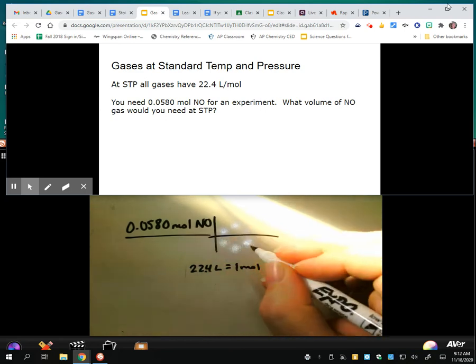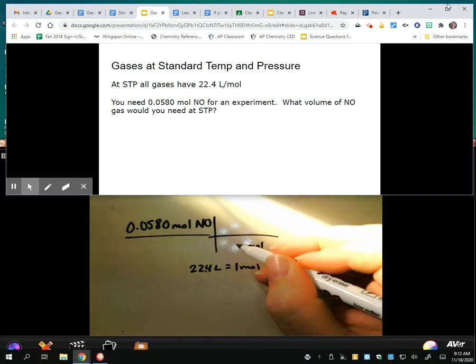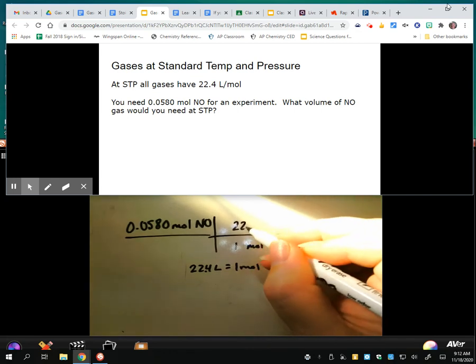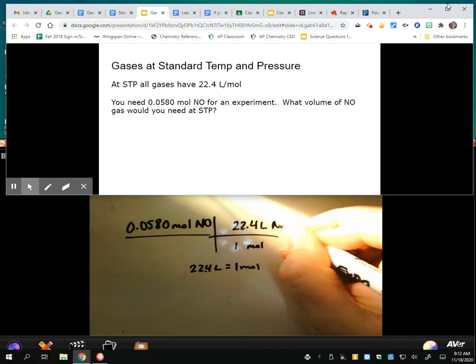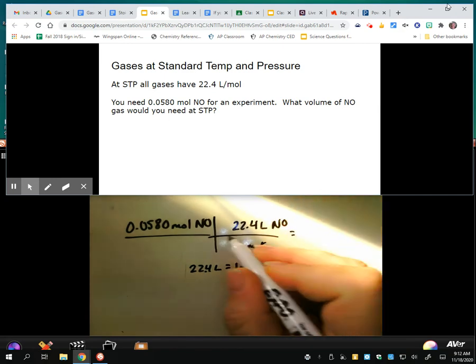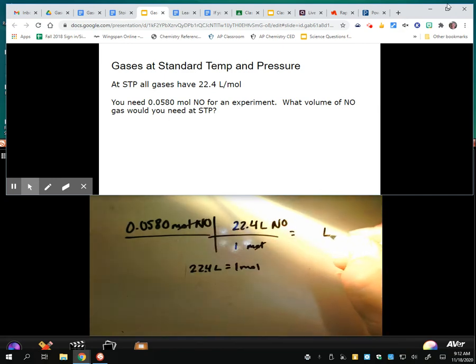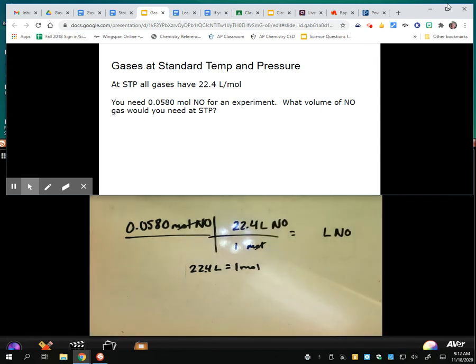So mole is here, mole has to go here, and in 1 mole there are 22.4 liters of any gas, and we're still talking about NO. So moles cancel out. All I'm left with are liters of NO. And I end up with 1.30 liters of NO. Everything on top multiplied together divided by everything on the bottom multiplied together.